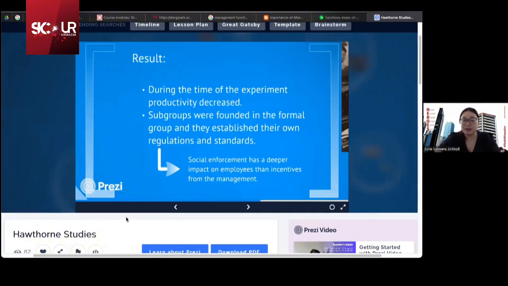I think this is a very great finding as well. In an organization, when things are not working and management sets up rules, employees start to feel, no, it's not working for me, I will not get anything out of it. So they start to establish their own regulations and standards.